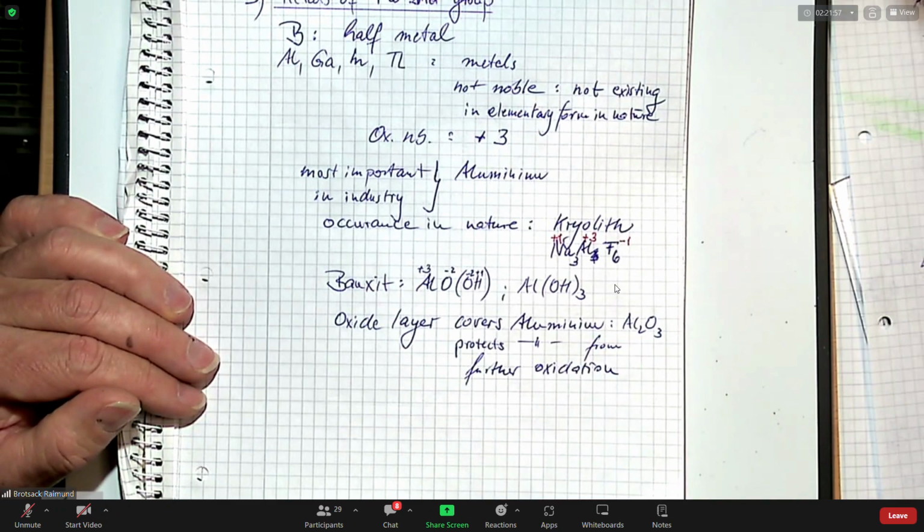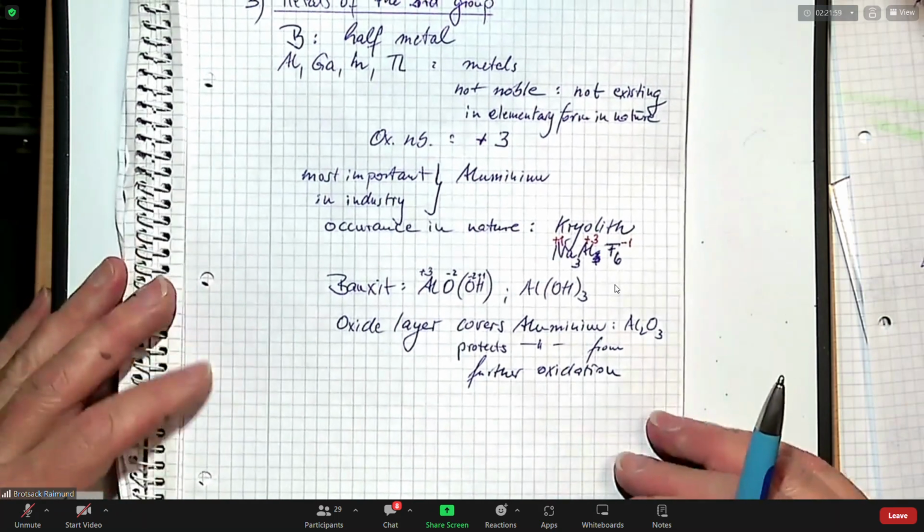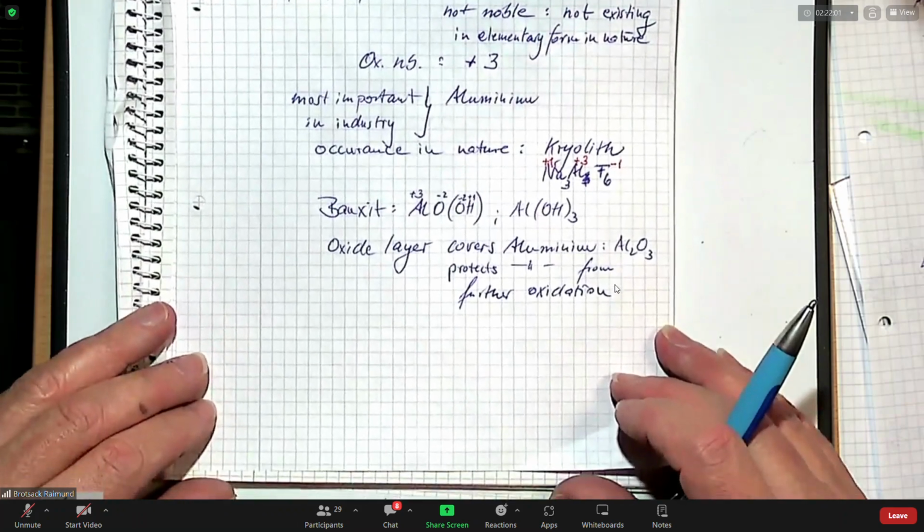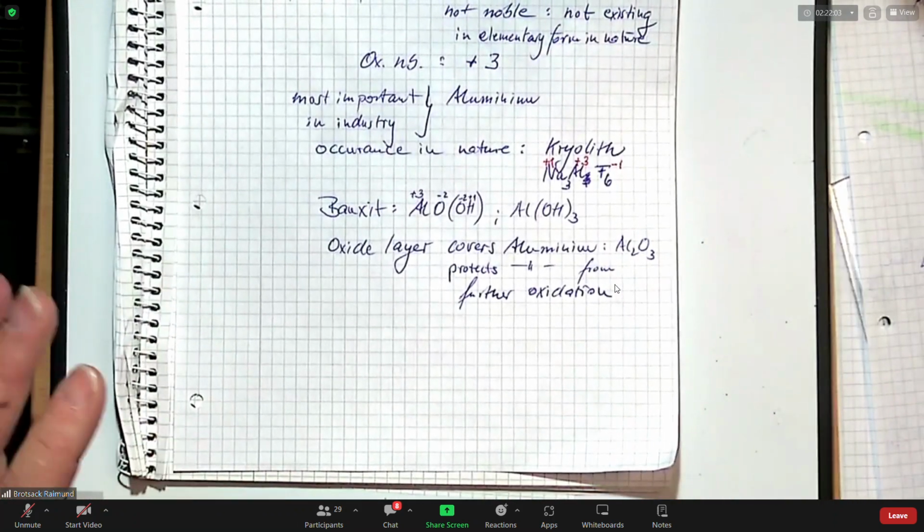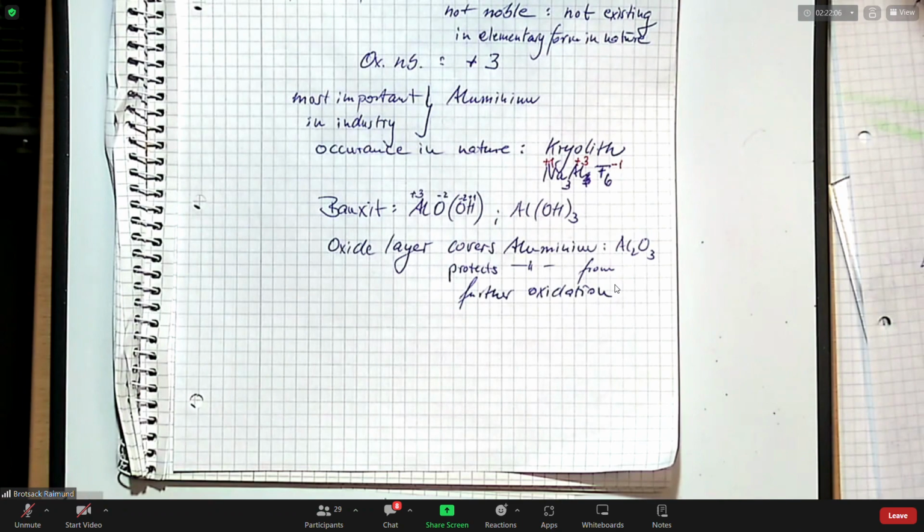That is now discussed quite intensively. So for us in the third group, the metal which we should keep in mind, which has a relevance, is aluminium.